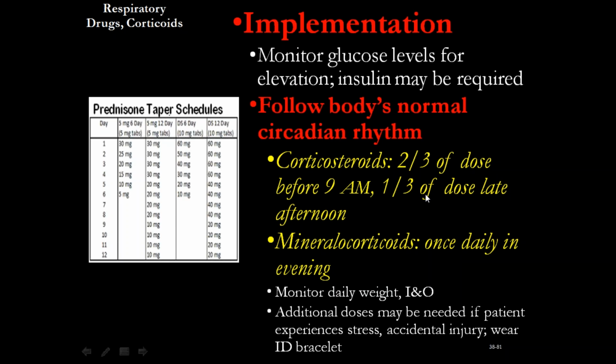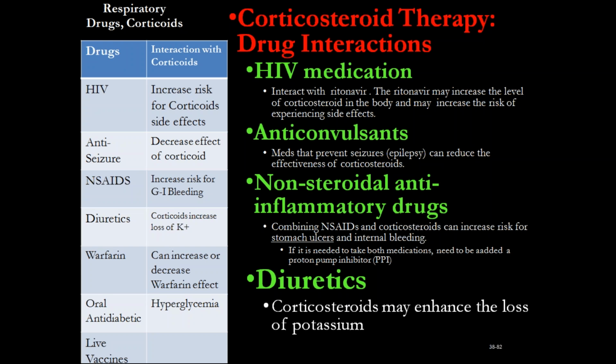That resembles the rhythm of the normal cortisol in the body. If you don't do that and you take it at night, it's like you are overstressed, you have too much cortisol, and this is going to keep you awake, so you cannot sleep. All right, so let's keep going.